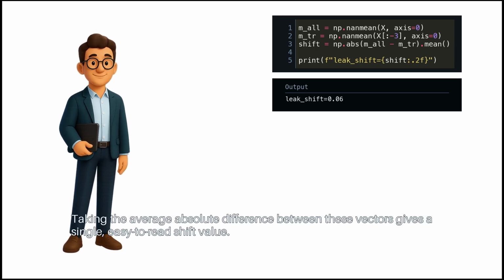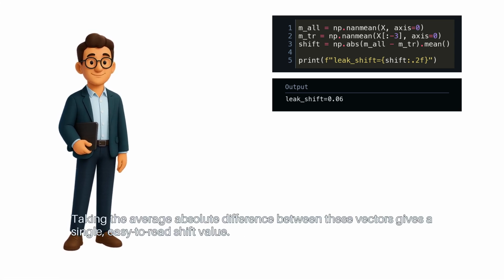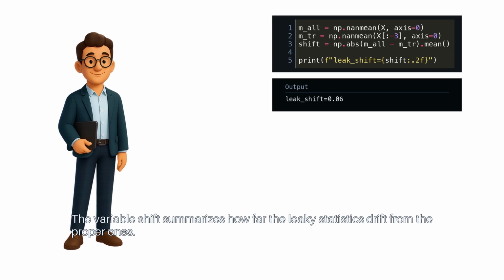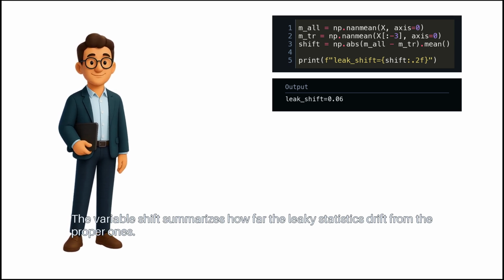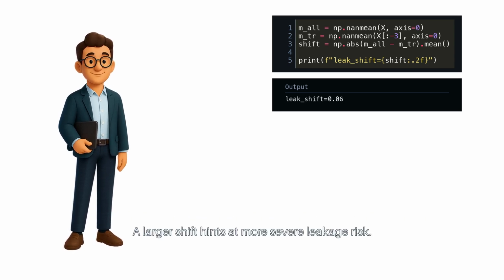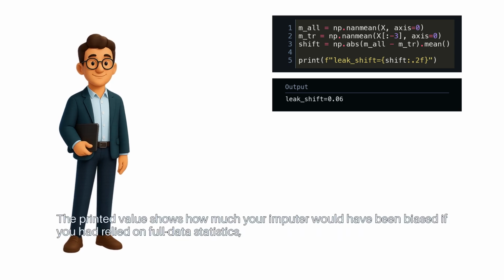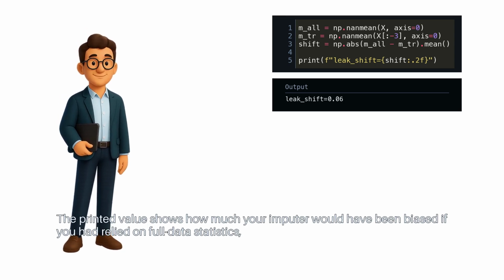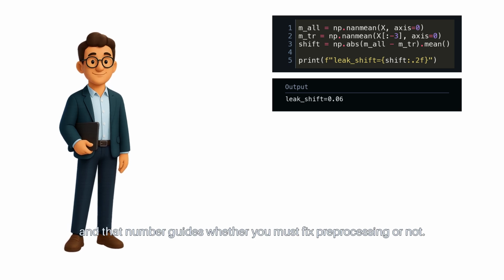Taking the average absolute difference between these vectors gives a single, easy-to-read shift value. The variable shift summarizes how far the leaky statistics drift from the proper ones. A larger shift hints at more severe leakage risk. The printed value shows how much your imputer would have been biased if you had relied on full data statistics, and that number guides whether you must fix pre-processing or not.